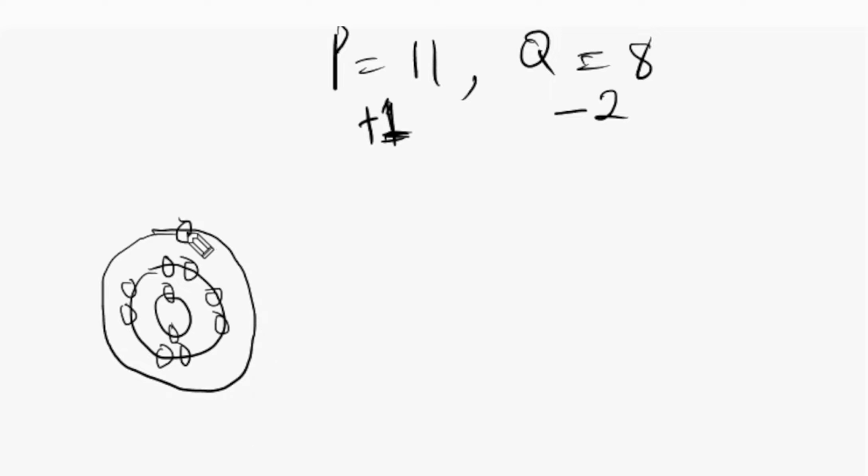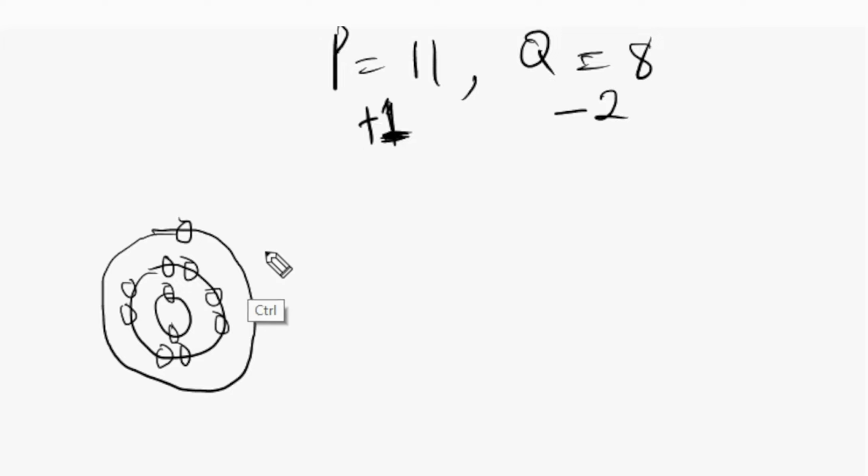So this means there is 1 electron in the outermost shell, which means it can lose 1 electron to ionize. So an element that can lose 1 electron to ionize is going to have a +1 in the ionized state.